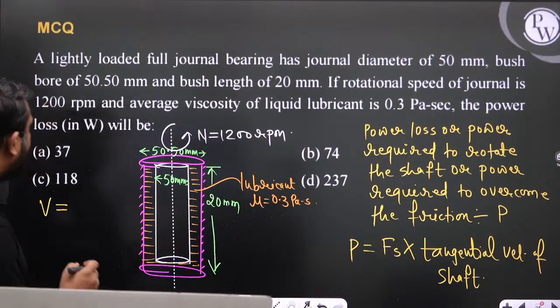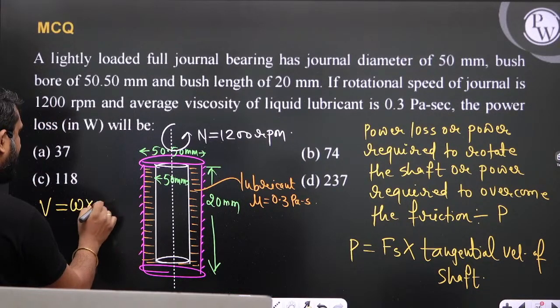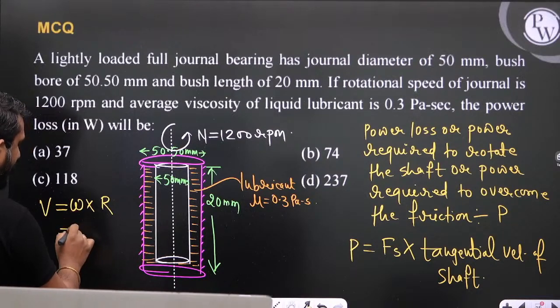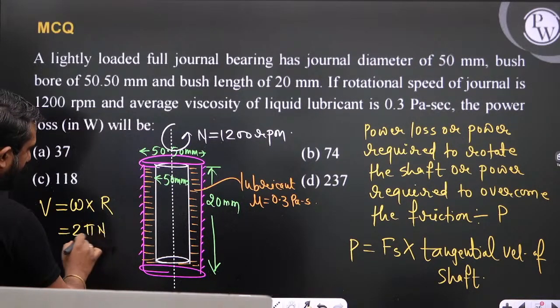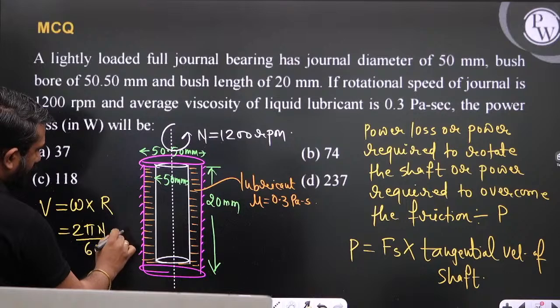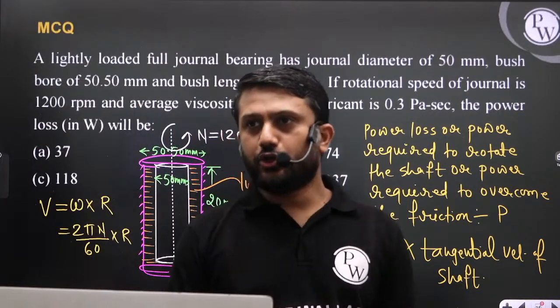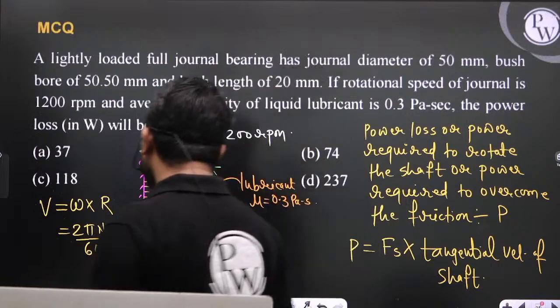Omega multiplied by radius of the shaft, where omega is 2 pi N by 60.